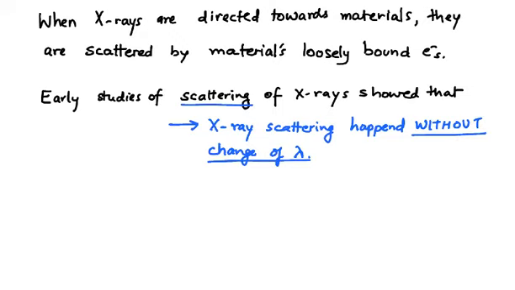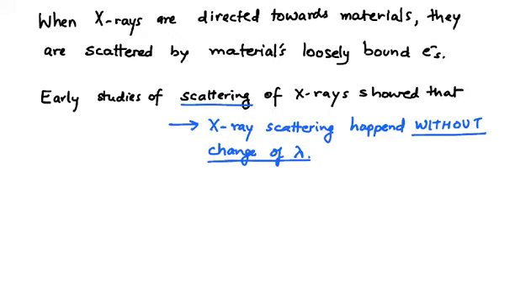Early studies of scattering of X-rays showed that X-ray scattering happened without change of wavelength. The classical theory of such scattering is straightforward.